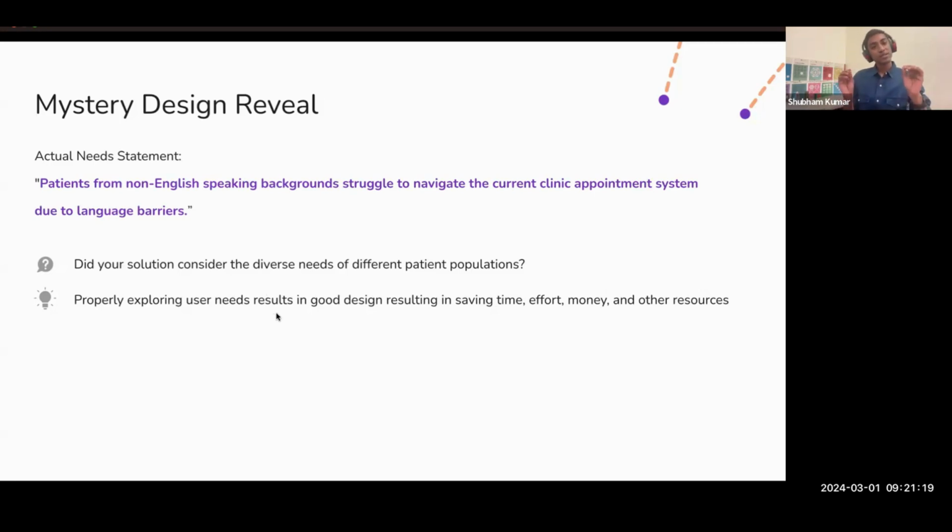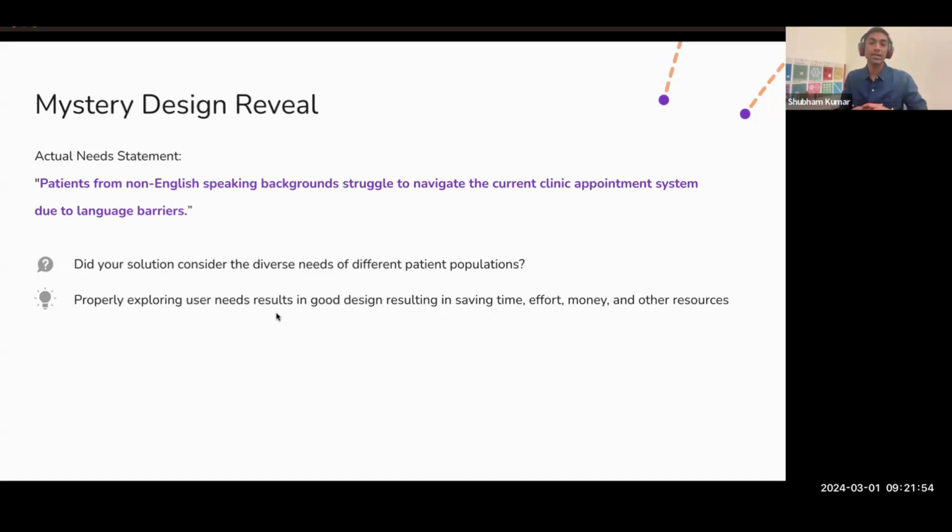Now, the responses you provided were all right, but they were probably for the wrong problem statement. What this exercise is meant to show is that at times we gather feedback from users and stakeholders, they say something, and we go back to our desks and start working on it, while actually needing to double down on the needs statement itself.